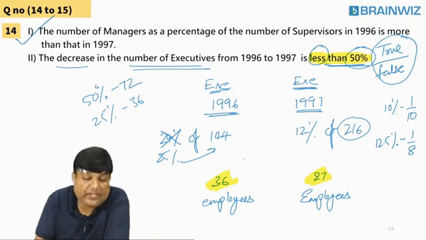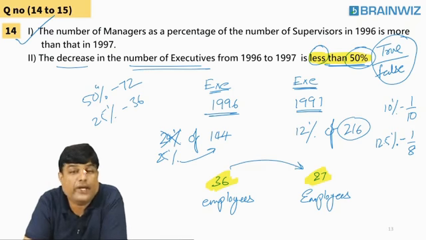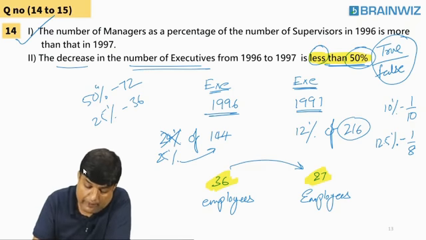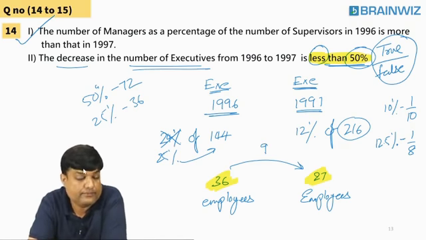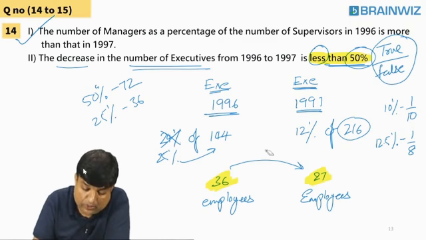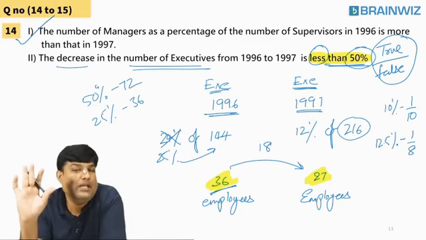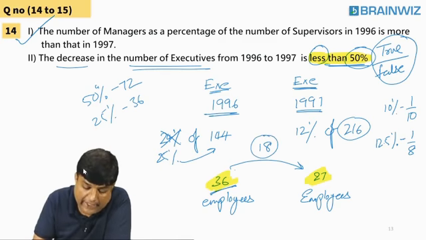I don't know. So 36 employees used to be there in the factory. Now only 27 employees are there. So according to you, how many people left? 9 people left. So suppose out of 36, 18 people left. For example, believe 18 people left the factory, 18 out of 36.